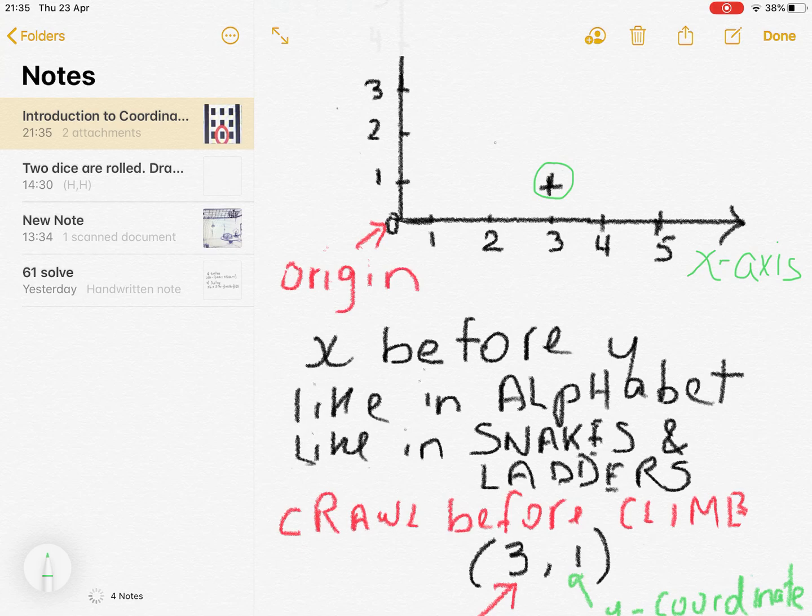To arrive at that marked point, we need to move horizontally 3 units and then climb up 1 unit. So, the position of the fly, another word is the coordinates of the fly, are 3 for the horizontal movement and then 1 for the vertical movement. We write coordinates inside a bracket, separated by a comma.